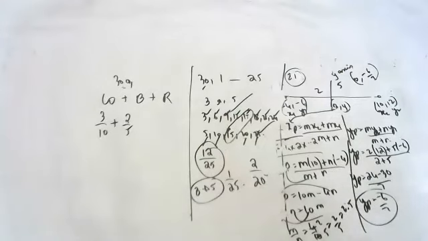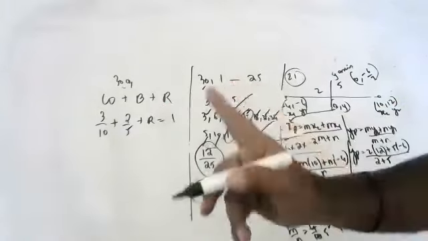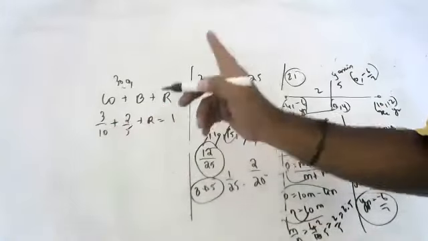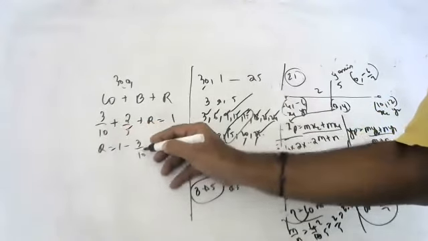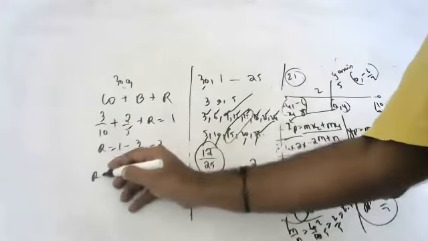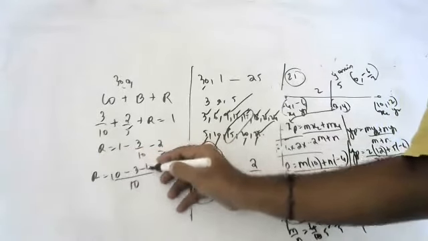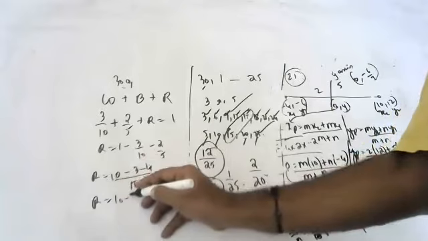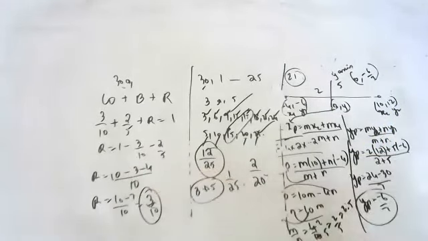Find the probability of getting a red ball. The sum of all probabilities is equal to 1. So R is equal to 1 minus 3 by 10 minus 2 by 5. 10 is the LCM. R is equal to (10 minus 3 minus 4) by 10, which is 3 by 10. That is the probability of red.